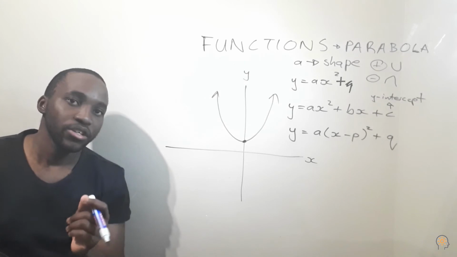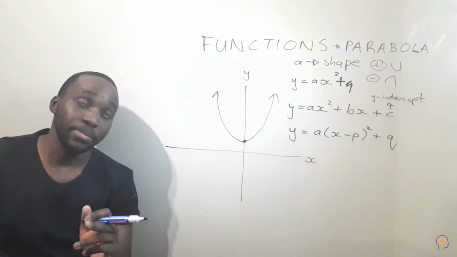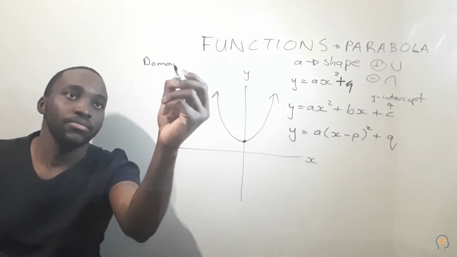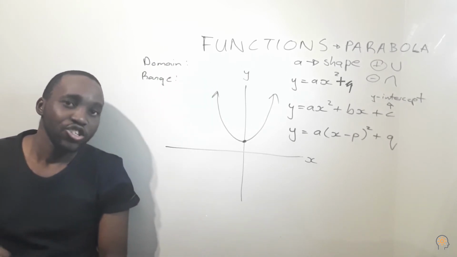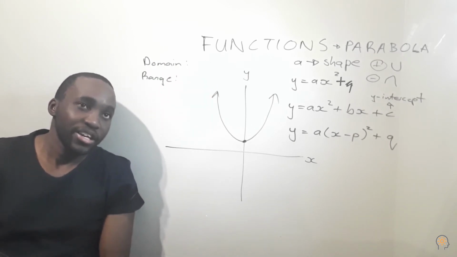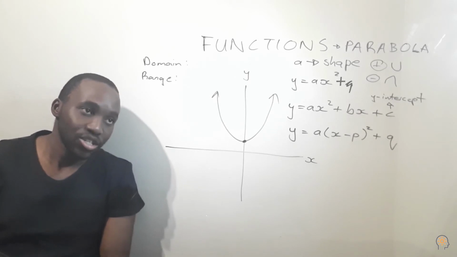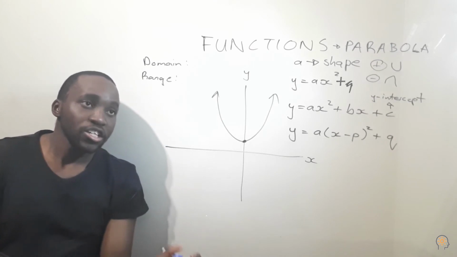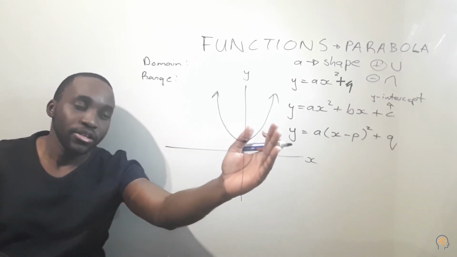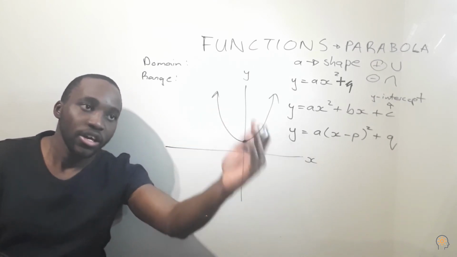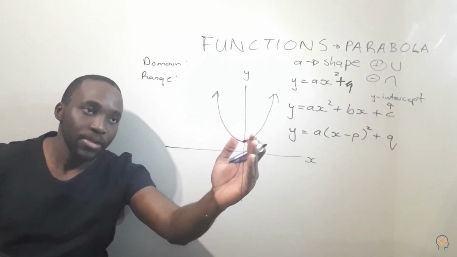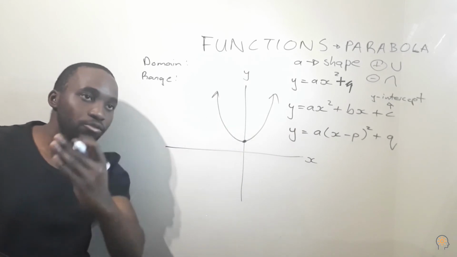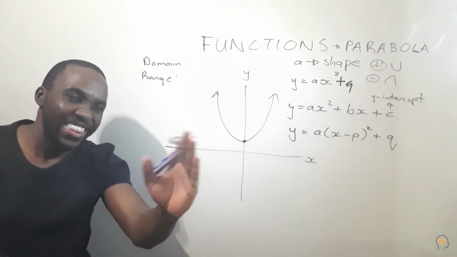Now, while we're still on this graph, you will be thinking to yourself, what about the domain and the range? We already mentioned that domain and range basically ask you, where do you see the graph on the Cartesian plane? So in our case, if we look at the picture from left to right, as in if you go to your y-axis and look going to the right all the way to infinity, and going to the left all the way to negative infinity, there are no restrictions.